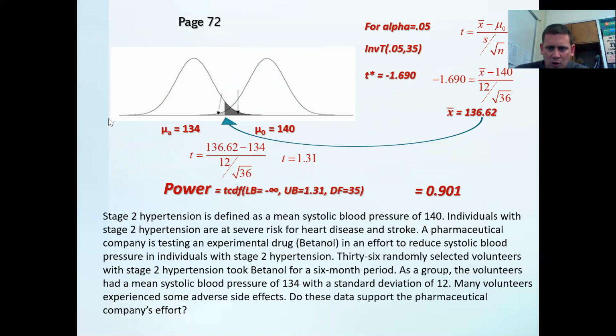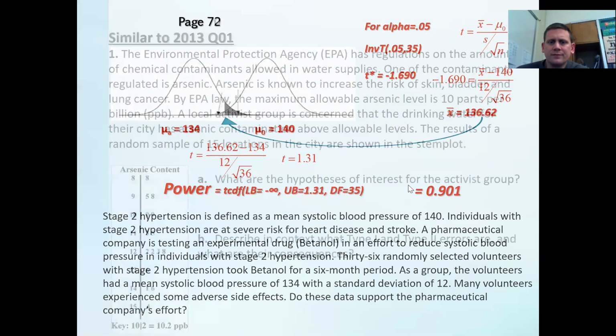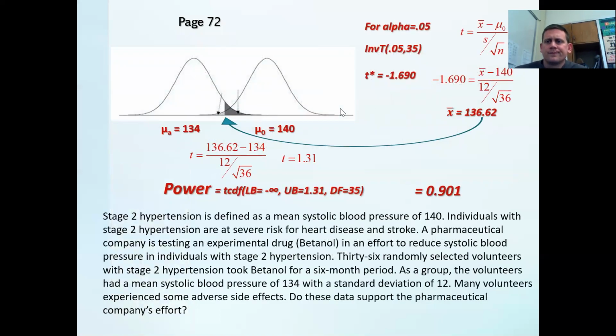Anything below that is your power. It's a lot, but it's really just two test statistics, and you've done that many, many times before.